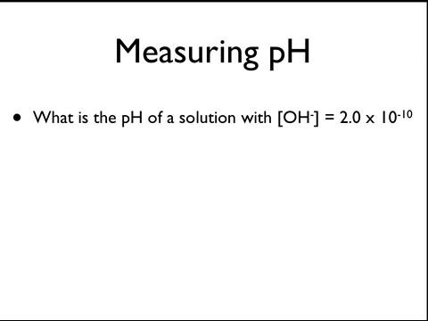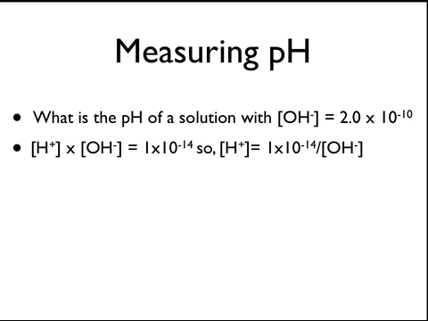What is the pH of a solution with a hydroxide concentration of 2.0 × 10^-10? So we've got to remember a couple of things. First, we know that the concentration of hydrogen ions times the concentration of hydroxide ions is equal to 1 × 10^-14. If we rearrange this equation to solve for the concentration of hydrogen ions, what we get is 1 × 10^-14 divided by the concentration of hydroxide ions.